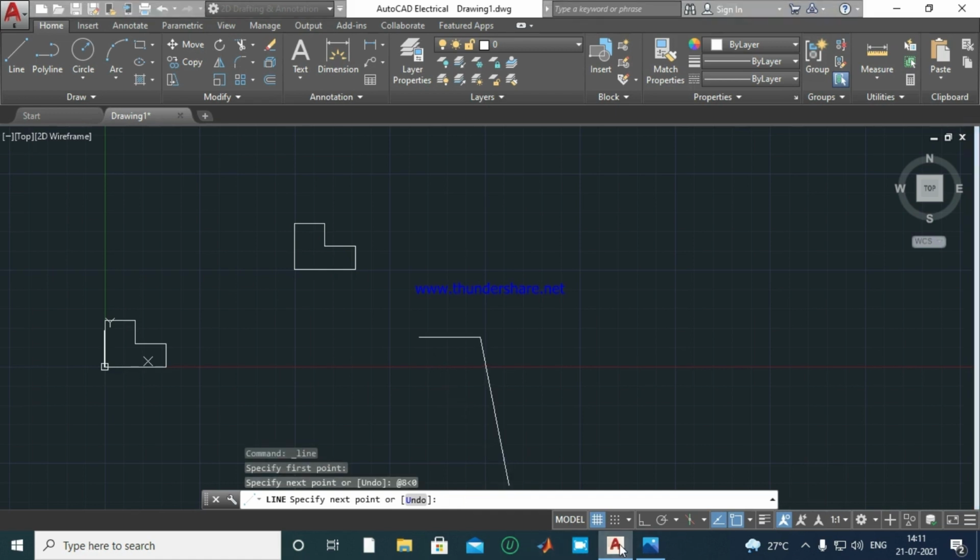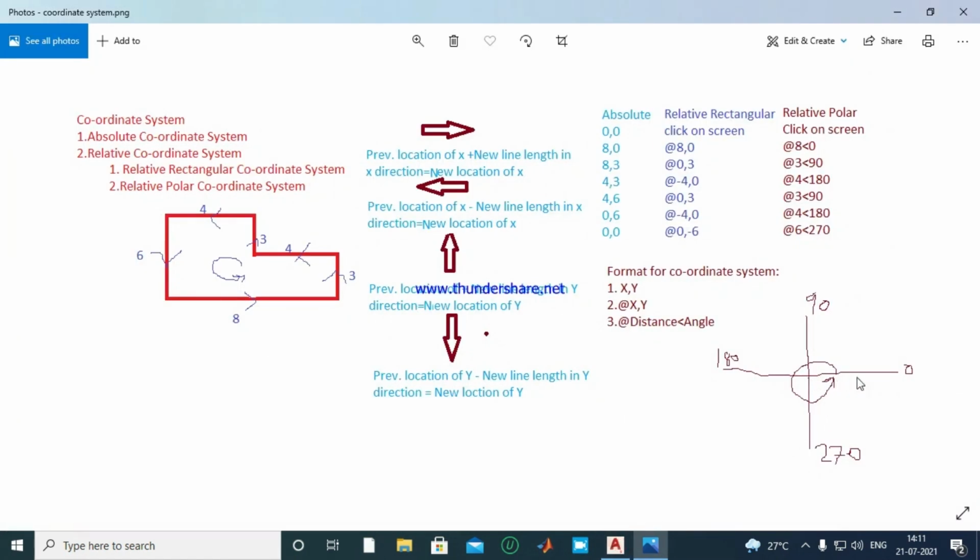Okay, because we are drawing the line in this direction, so this is pointing towards 0 angle. So that is why I gave @ 8 angle 0.